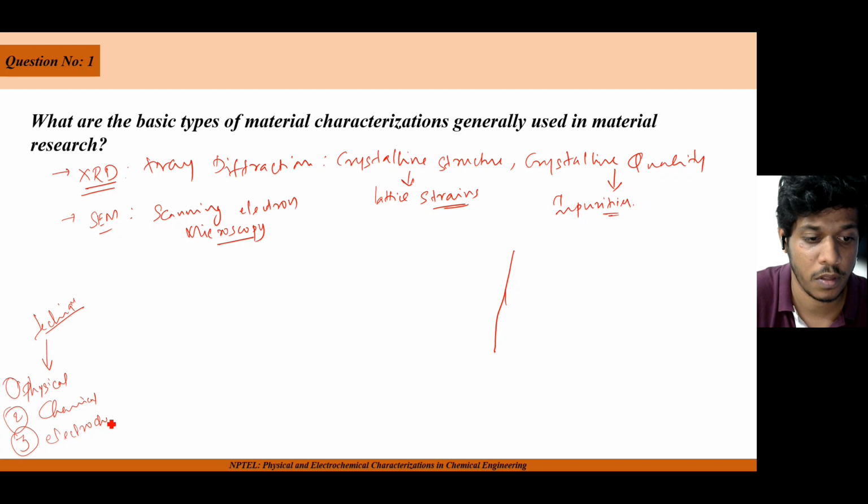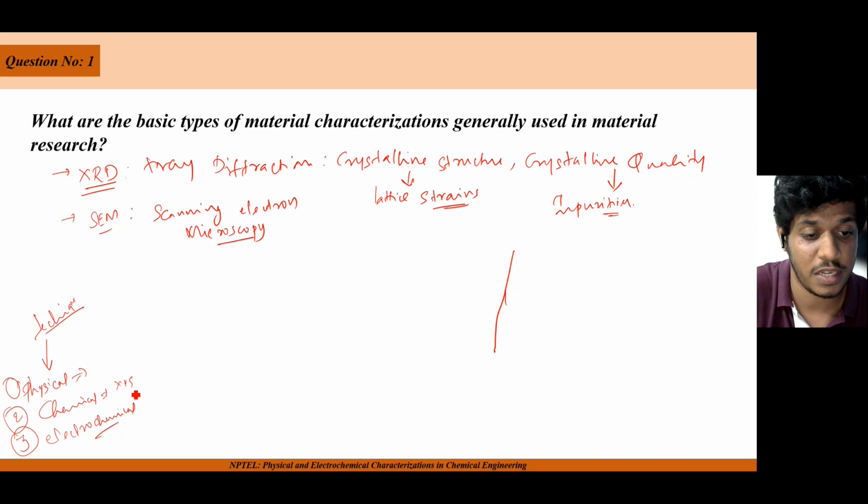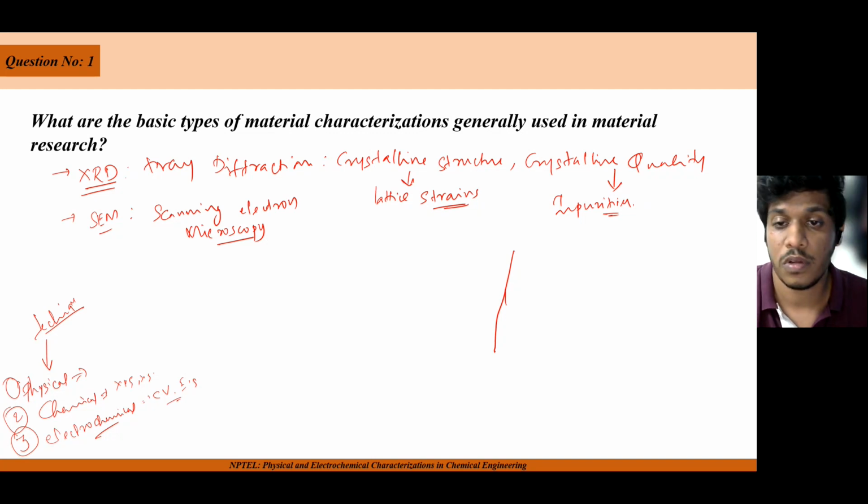Physical characterization, as I said, gives you an idea about the physical behavior, like how the structure is, with techniques like XRD, SEM, TEM, etc. And there are chemical characterization techniques where you get information about the chemical composition of the material, like XPS, XRF, etc. And there are electrochemical techniques like charge discharge, cyclic voltammetry, and EIS, which give us information about the electrochemical behavior.